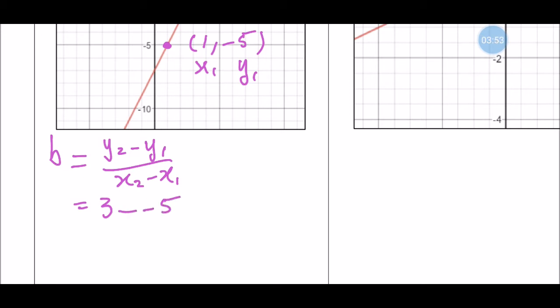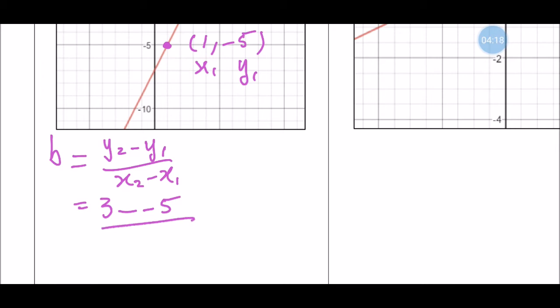So see how we get 2 negative signs? A really common mistake there is just to write 3 minus 5. But it's y2 minus y1. y2 is 3, y1 is negative 5, and it's 3 minus negative 5. y2 minus y1. All right, so you get 2 negative signs next to each other.